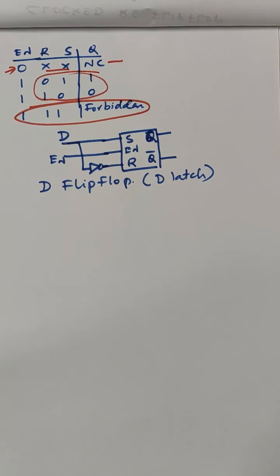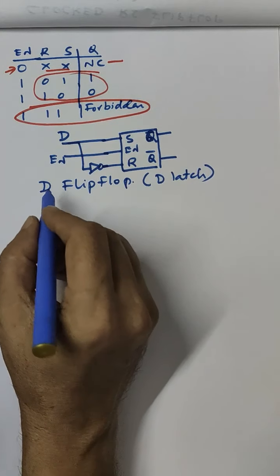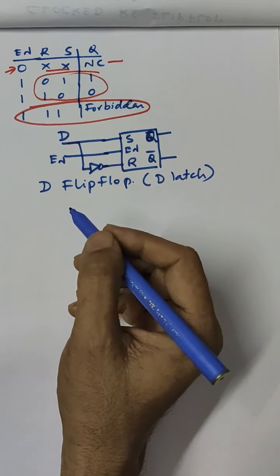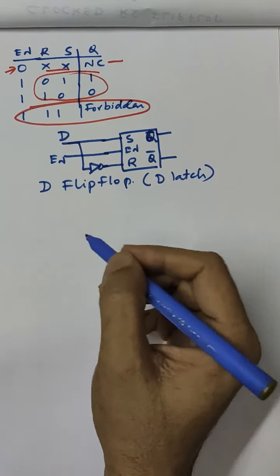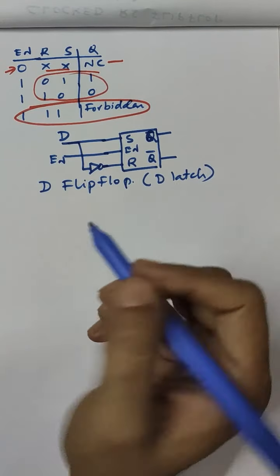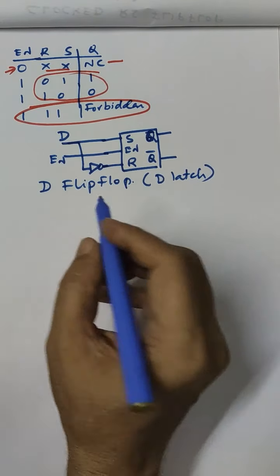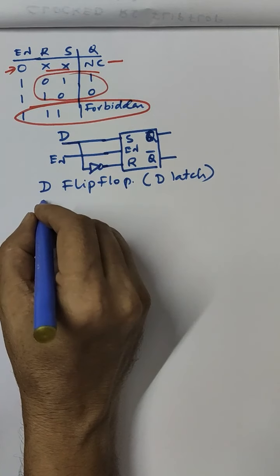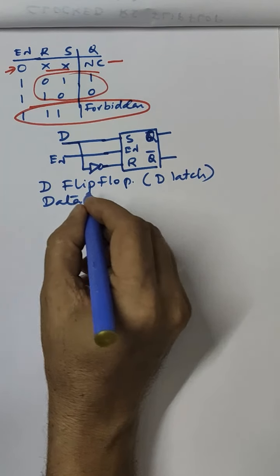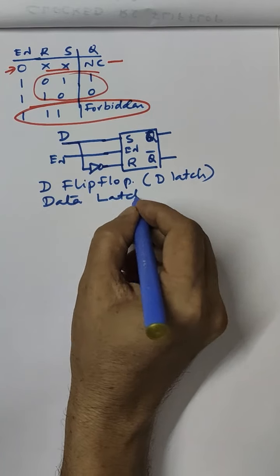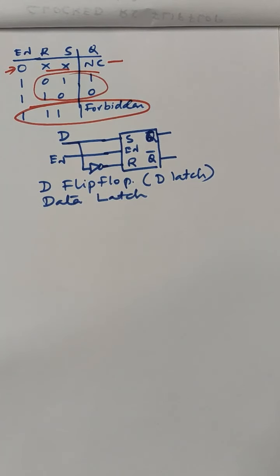In fact, this is the basic building block of a register, because we don't have to change 2 inputs for changing a state; they are combined into a single one. D stands for data, so it is a data latch or data flip-flop.